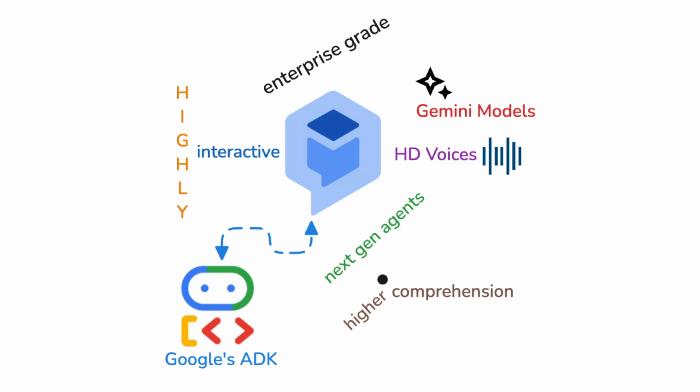These agents are powered by Gemini models with human-like high-definition voices, and they exhibit a higher degree of comprehension. Also, we are showing how to integrate agents developed using Google's ADK, that is, Agents Development Kit.